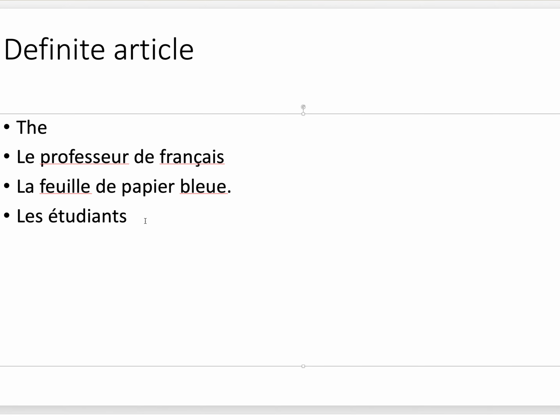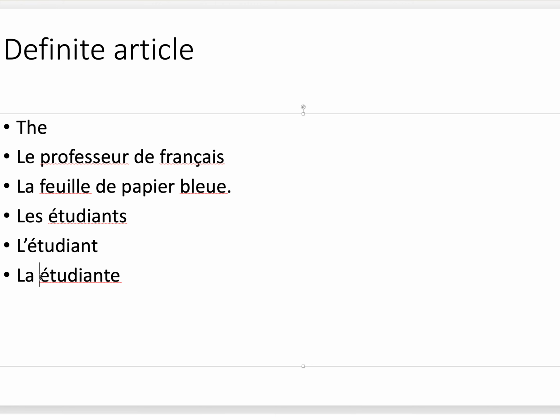Les étudiants. And the last one, remember I was telling you that in French we try to avoid having 2 vowels together. So let's say you have le or la, and the next word begins with a vowel. Like this. Étudiant masculine, étudiante feminine. If you have 2 vowels together in French, when you have le and la, we use an apostrophe to eliminate one of those vowels, right?